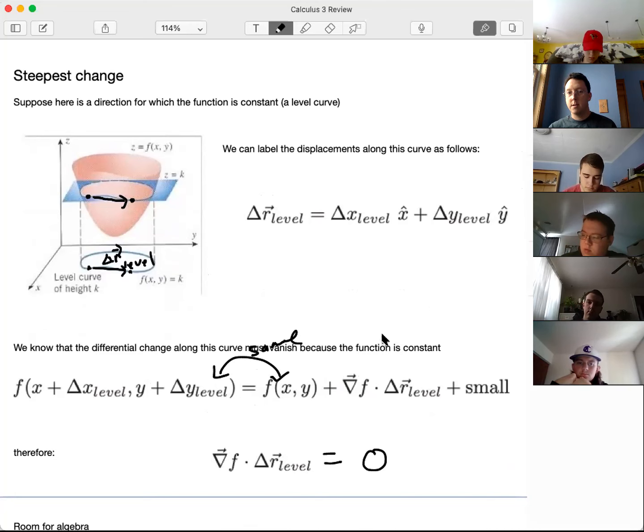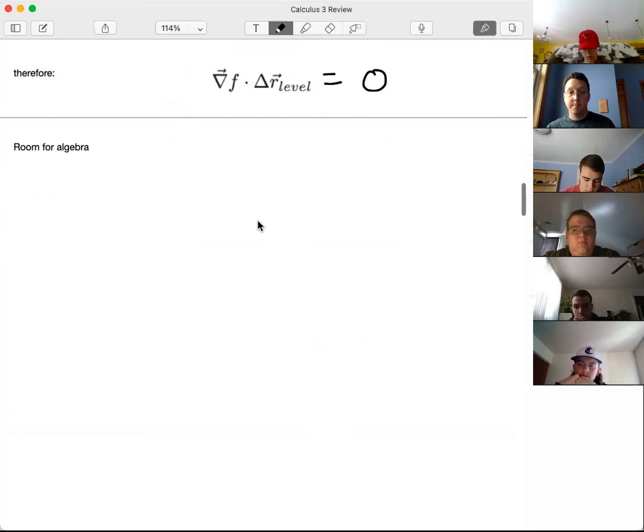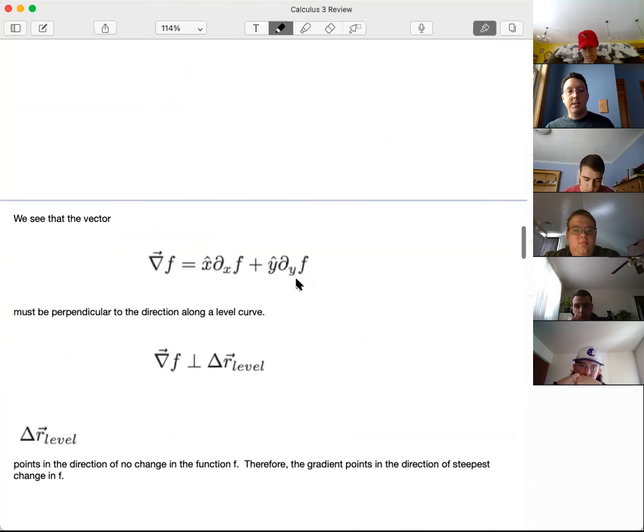So that means that if you take the dot product of the displacement along a level path or level curve and the gradient, you get 0. They're perpendicular. So we see that this vector, this combination, is perpendicular to a level curve.